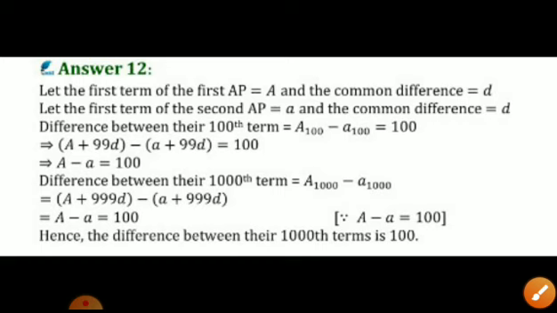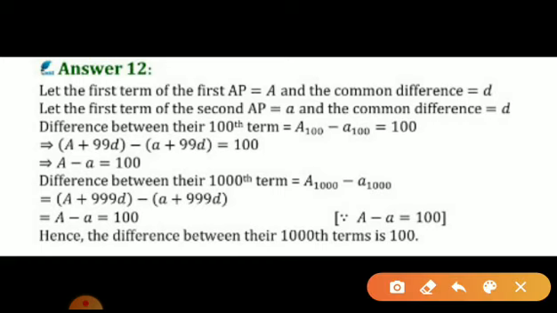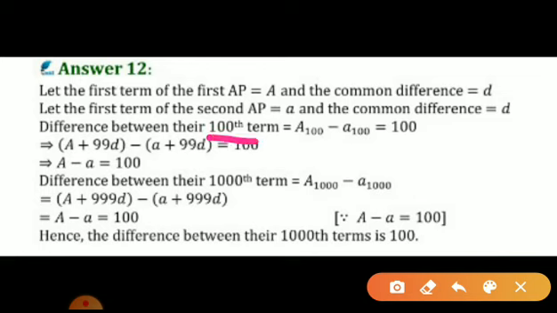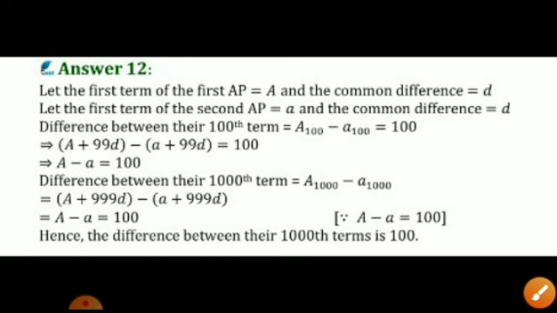So see how we can do it. Let the first term of the first AP be A and the common difference be D. Similarly, the first term of the second AP is small a and the common difference is equal to D. Now the difference between the 100th terms is given to be 100. This capital A100 minus small a100 is given to be 100. So I will get A plus 99D minus (a plus 99D), this bracket is important.